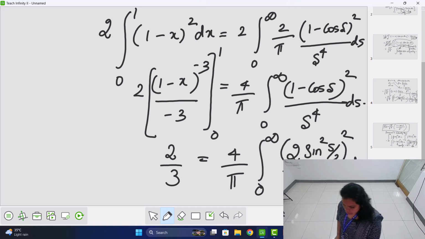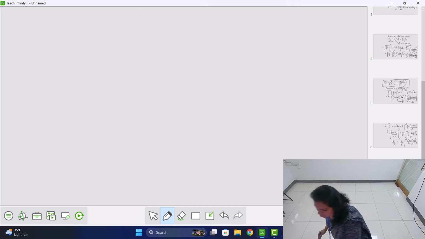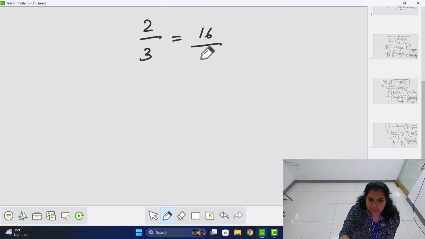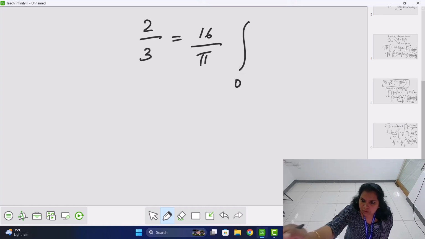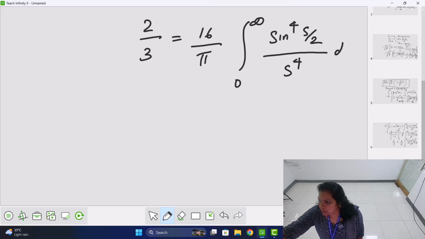Okay. So we will get here square is 4. Already one 4 is outside. So you will get it as 16 by pi, 16 by pi integral 0 to infinity sine power 4 s by 2 divided by s power 4 ds.